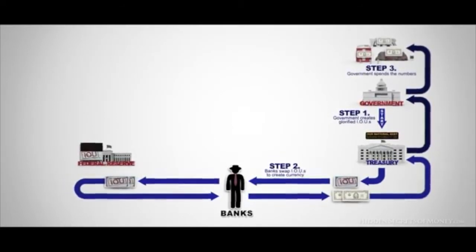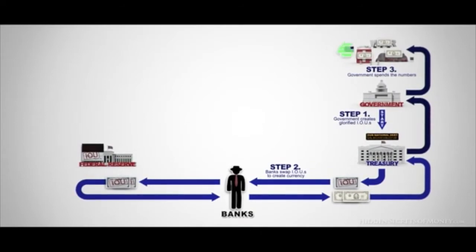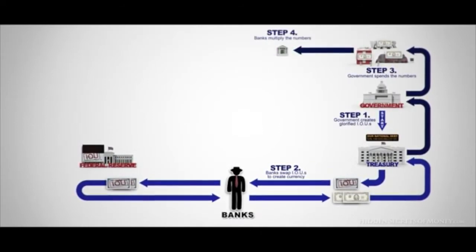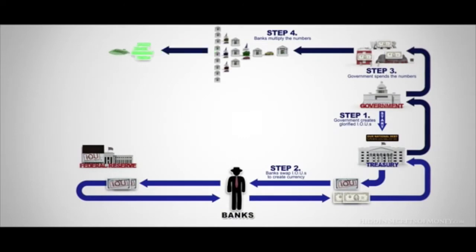Then the government employees, contractors, and soldiers deposit their pay into the banks, and we get to step 4, where the banks multiply the numbers by magically inventing more IOUs through fractional reserve lending, where they steal a portion of everyone's deposit and lend it out. That currency gets redeposited, and then a portion is stolen again, and the process repeats over and over, magnifying the currency supply exponentially.